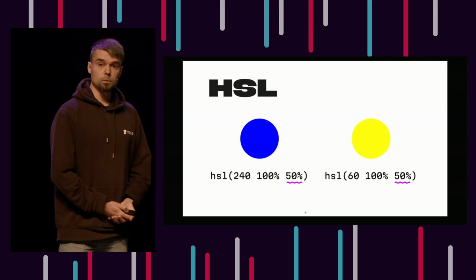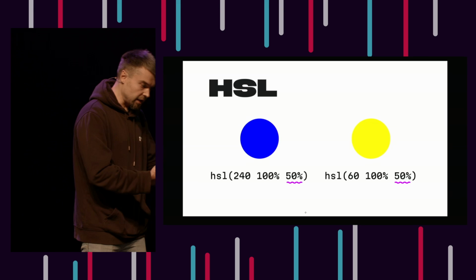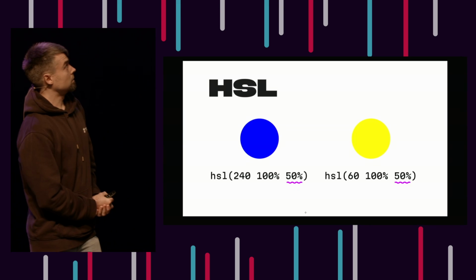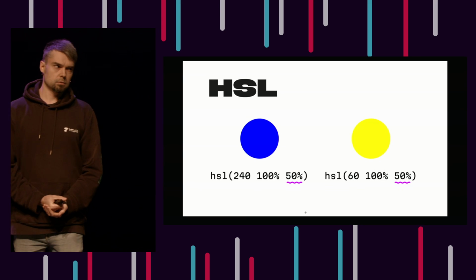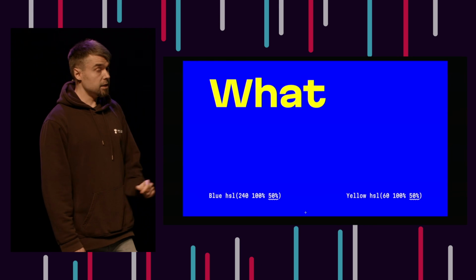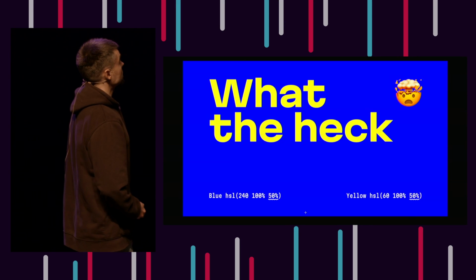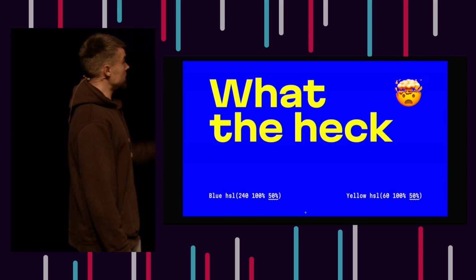Here is yellow, 50% lightness. So we can expect that the yellow text on top of this blue won't be readable, because the lightness is the same, because none of them is darker, right? Let's check if it works this way. No, it doesn't. Of course not.